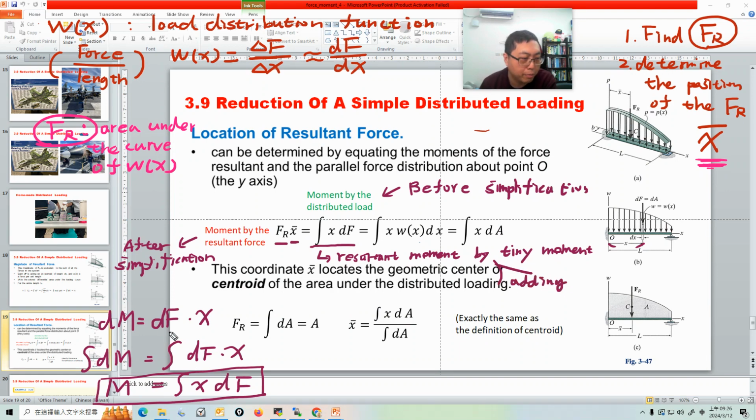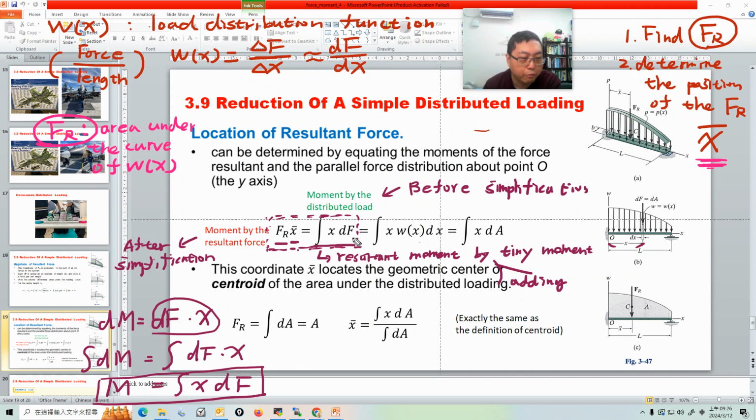There are lots of tiny moments here, and adding them together becomes the total moment of the system. So that's why it's equal: before simplification and after simplification must be the same. That's why this is the equation here. It's very important. It's just what we learned, simplification of the force and couple system.